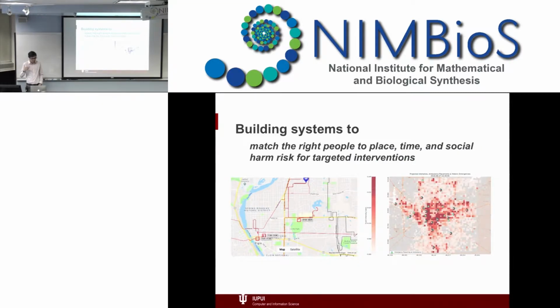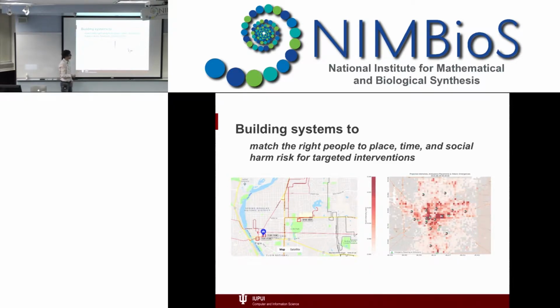This is just an overview of my research over the last several years. The way we're framing it is trying to build software systems to match people to place and time and risk for intervention. It could be an officer patrolling burglary hotspots when they're not on a call for service.